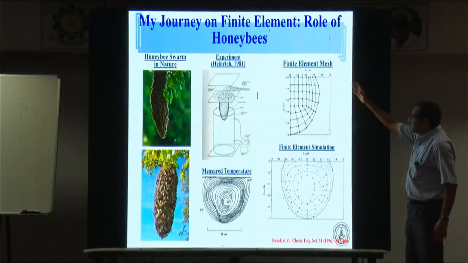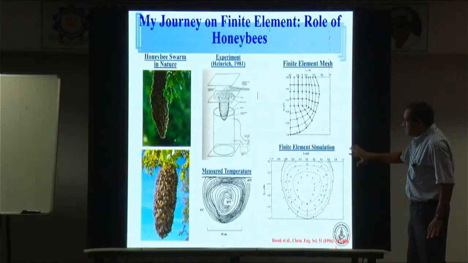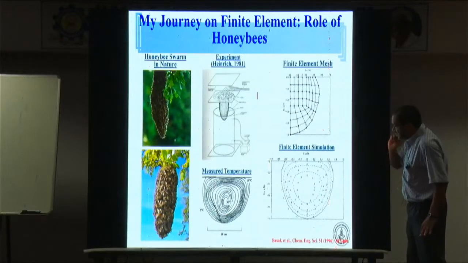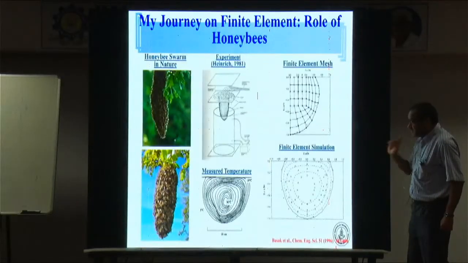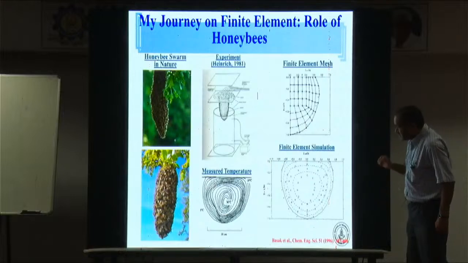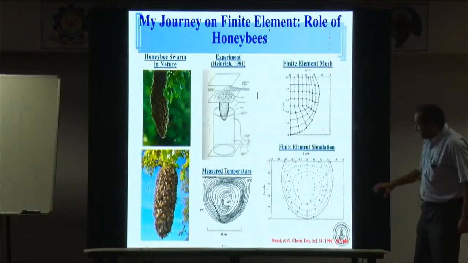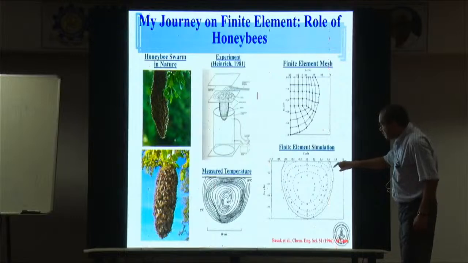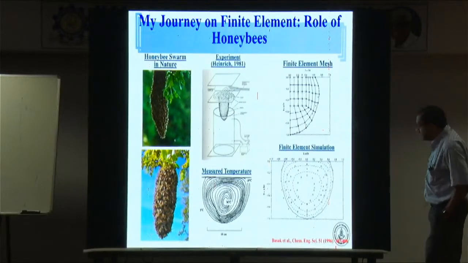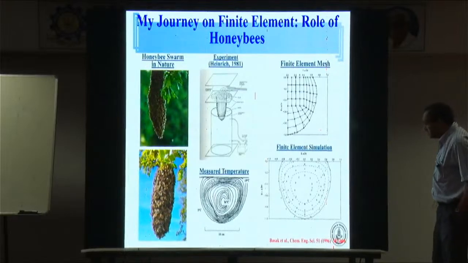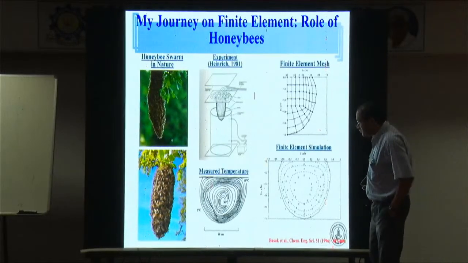This is the finite element mesh I generated, and the finite element simulation I carried out. You can see the dotted line is the simulation results, and the symbols are the experimental data. They match pretty well, and this was published in Chemical Engineering Science. This is my first paper.